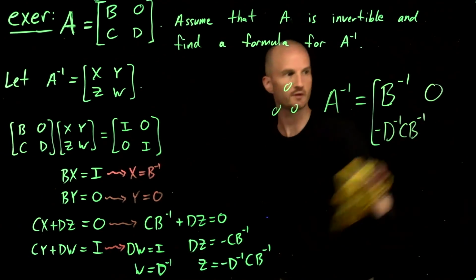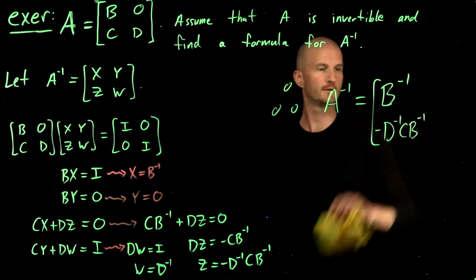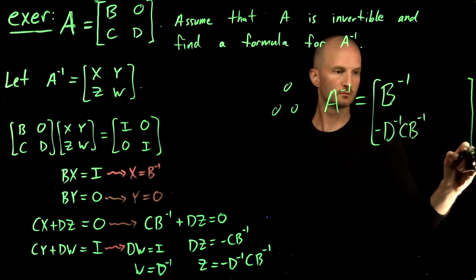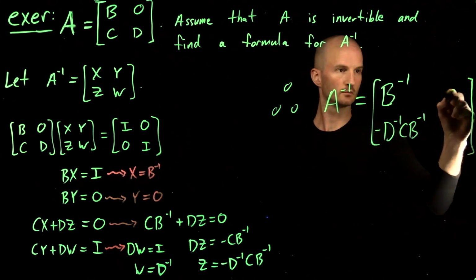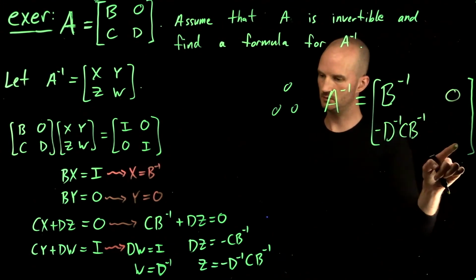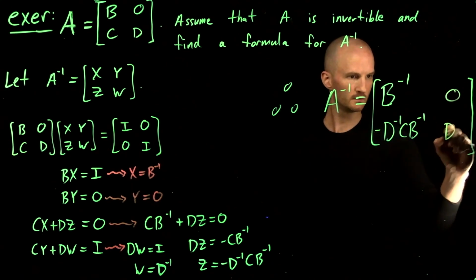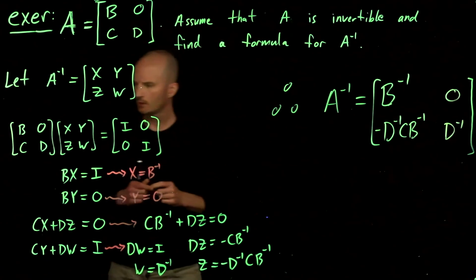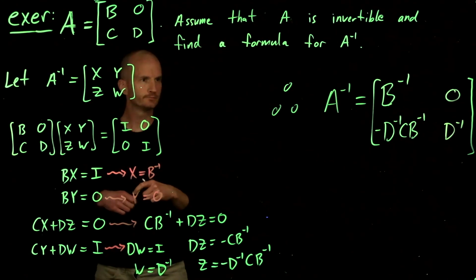Oh, it's awful. Put the 0 a bit further to the right. X, Y, Z, W, D inverse. Okay, so there you have it.